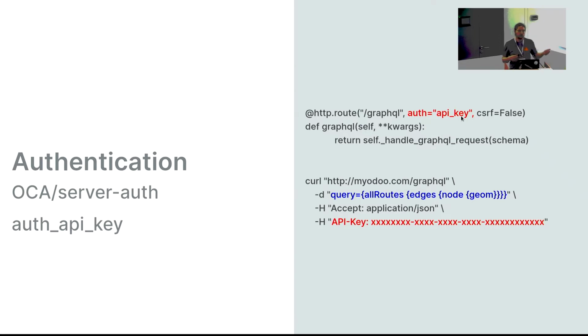It will also create you a form view where you can create your own key for specific users. And this will allow you simply to make some query, for instance, here with curl. So we have the query here in GraphQL, and here you just pass the API key, and that's it. No trouble with session or things like that. It makes the dev life easier, which we mostly like.